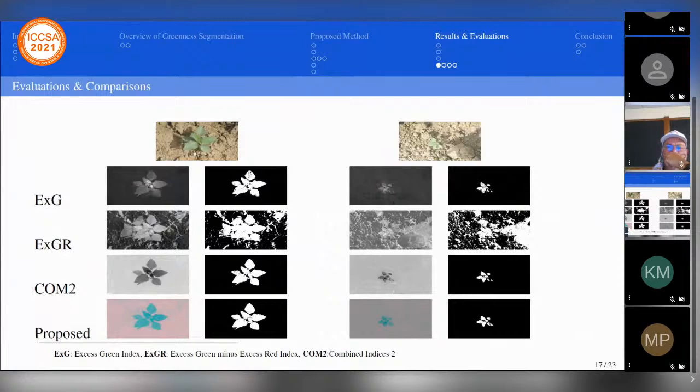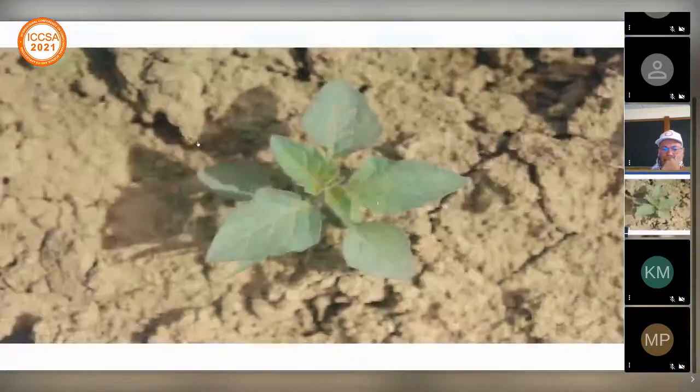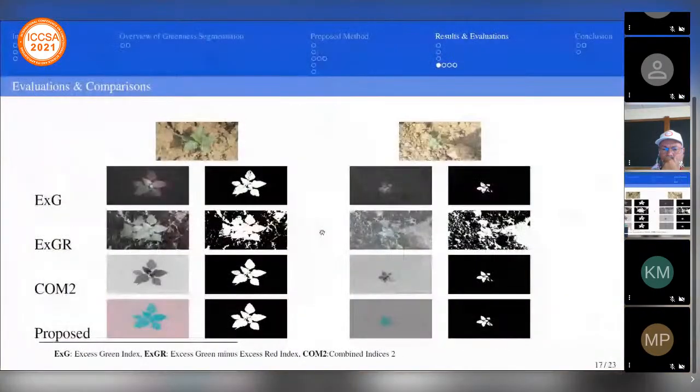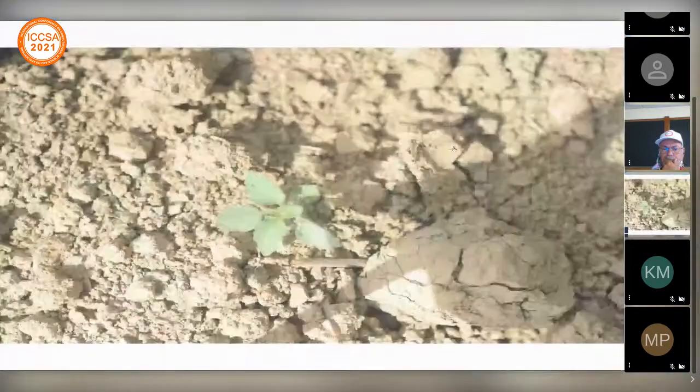Here the image presents a shadow and difficult non-uniform illumination. Here also we have the same problem of non-uniform illumination.